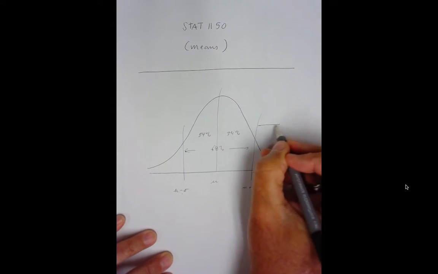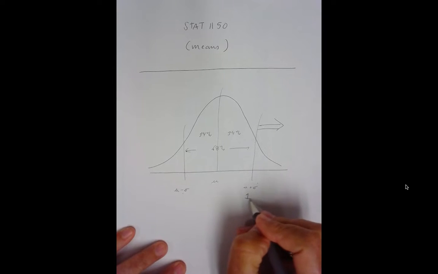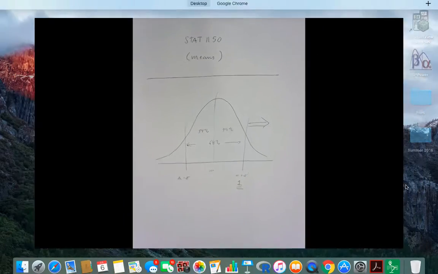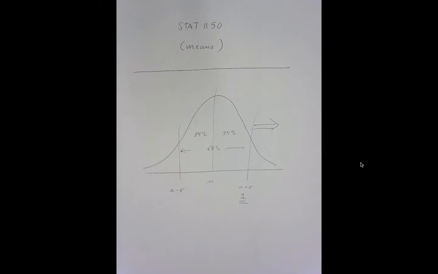Essentially what this question is asking is approximately what percentage is above 1 standard deviation above the mean. Let me make sure I'm reading this correctly. Using the empirical rule, what's the probability that a randomly selected score will be greater than 60, which is exactly what I'm teaching over here.